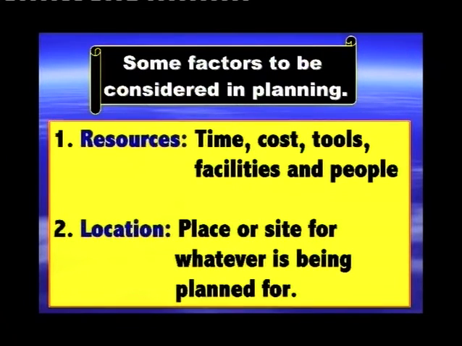Once again, I'm asking the class, the receiving school students also, to get that copied, while I have Trisha read the first factor for us. Time, cost, tools, facilities, and people. Right. The first factor says resources: time, cost, tools, facilities, and people.